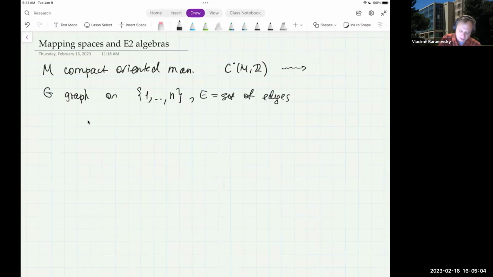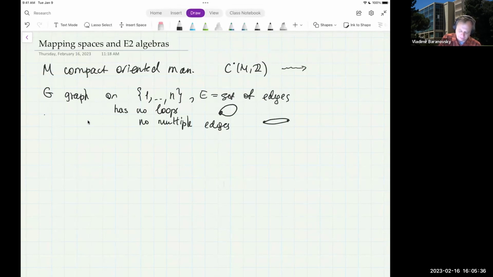I will start by considering what is called the graph configuration space, and for this it's convenient to assume that this graph has no loops. A loop would be an edge which starts and ends at the same vertex, and no multiple edges. So we don't want anything of this type.